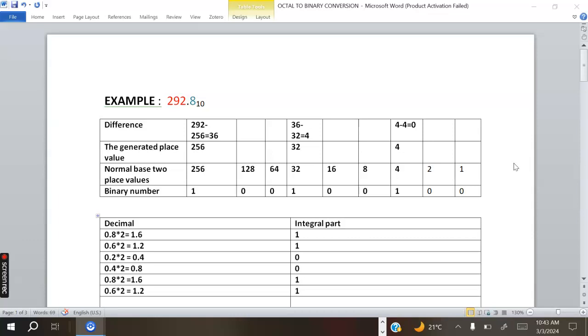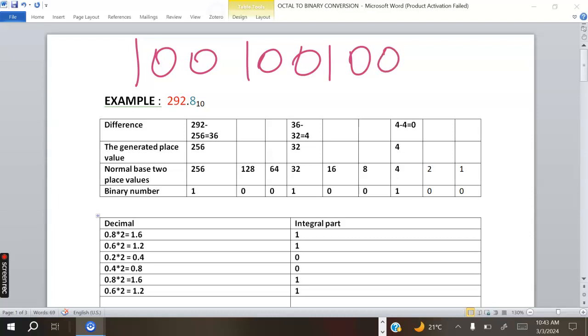Okay, let me make a correction about this. So this is 1 0 0 1 0 0 1 0 0 point 1 1 0 0 1. Remember, we read the values downwards.